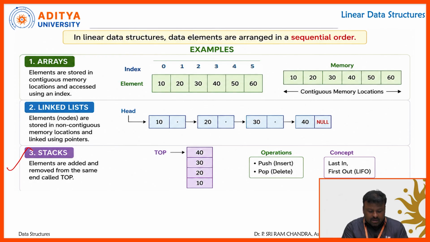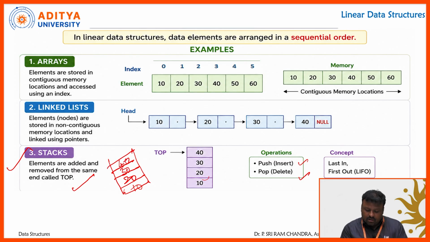Elements are added and removed from the same end called top, which basically follows the principle of last in first out, LIFO. There exist two different operations, that is push and pop. Initially this will be empty, and then 10, 20, 30, 40 will be inserted.